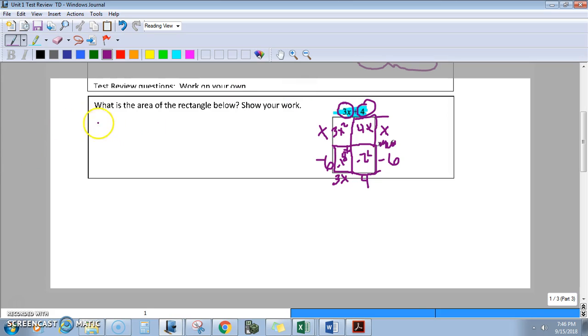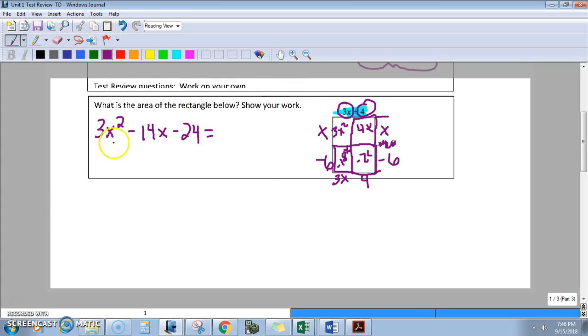So as a sum, this was a little more work than just as a product. Because I have negative 18x and I'm adding 4x, it's only minus 14x, and then minus 24. You can do it both ways.